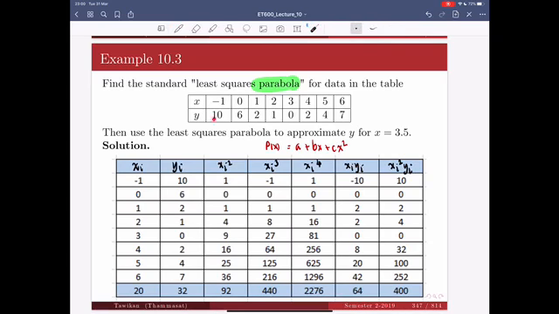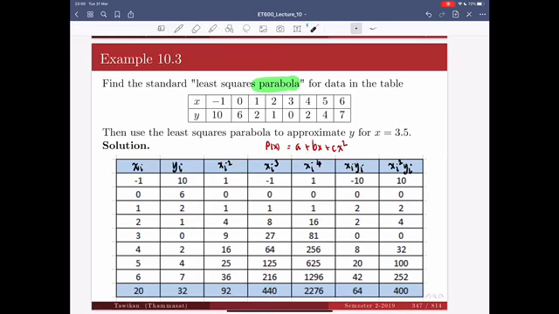By using all the data points, we have 8 points altogether, and we would like to find the constants a, b, and c such that this second degree polynomial will give us the approximation that minimizes the summation of error square.